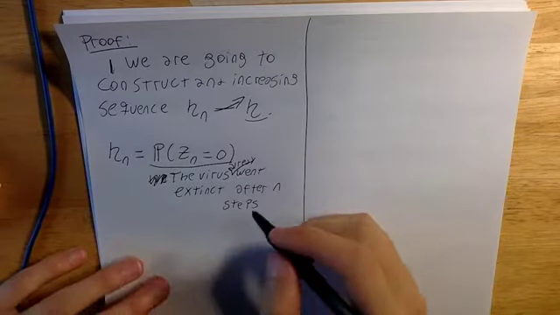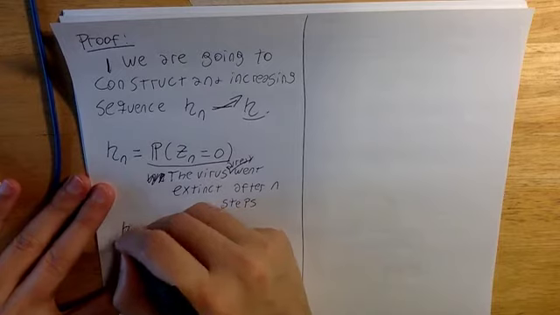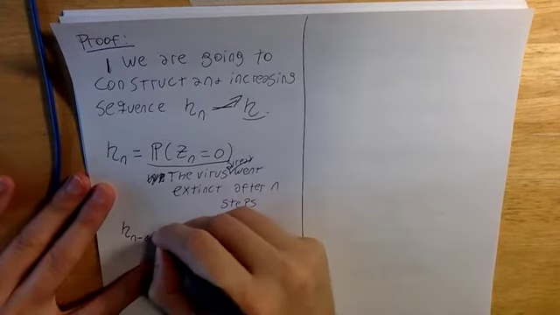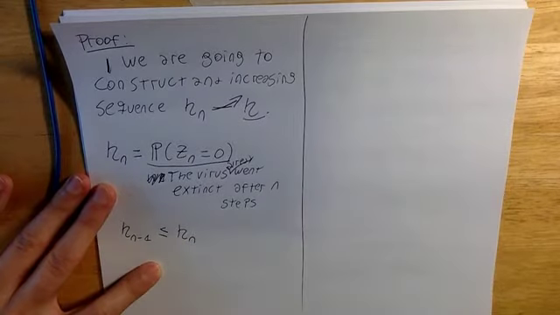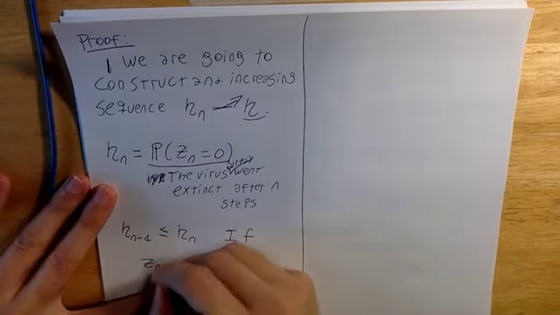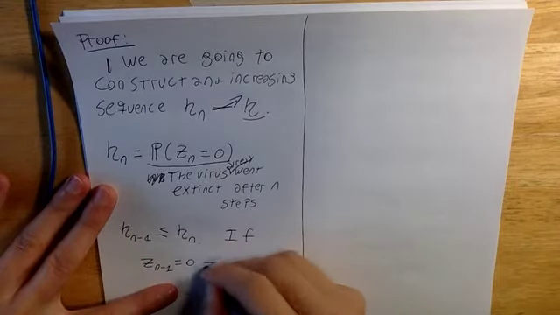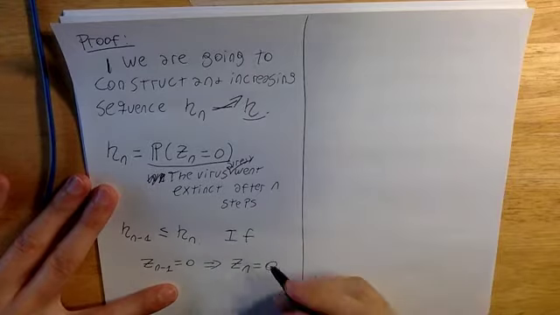Okay, so what we have is that eta_(n-1) is less than or equal to eta_n, because if Z_(n-1) is equal to 0, this implies that Z_n is equal to 0.